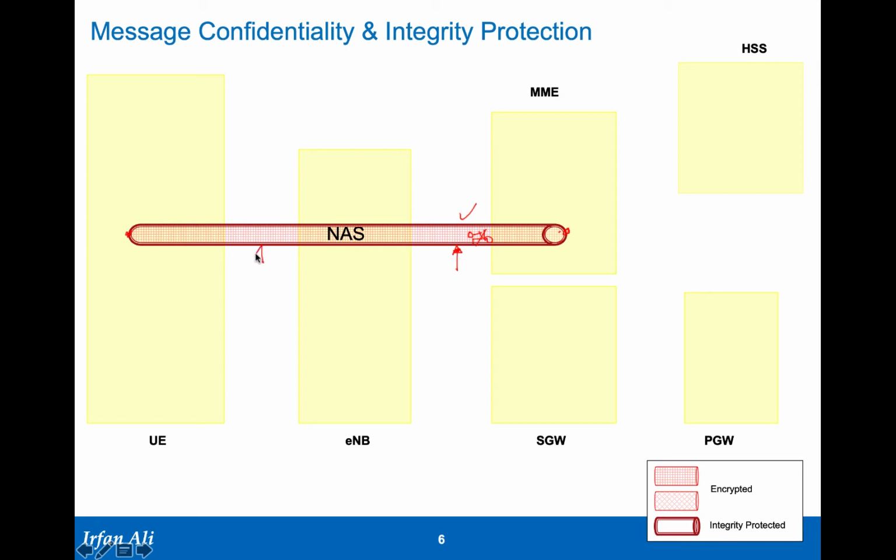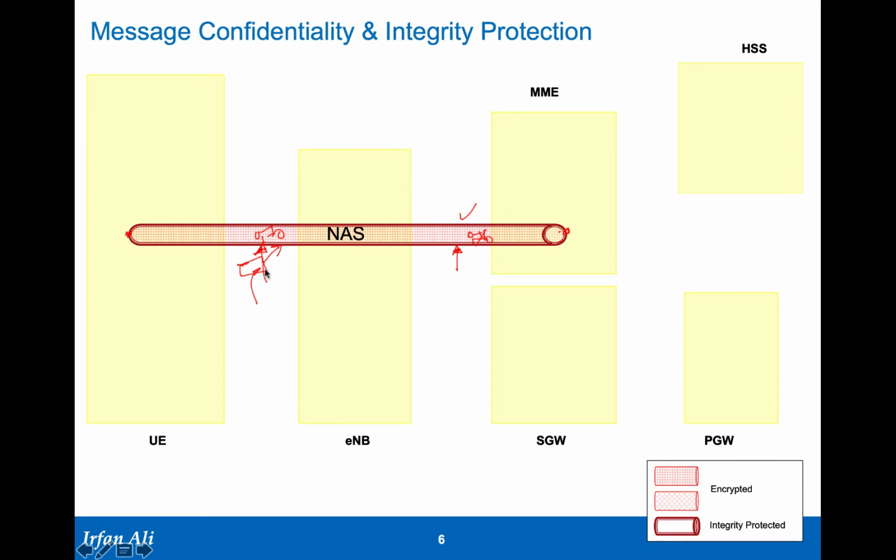So someone in the middle, an adversary, just cannot change a bit from 0 to a 1 or a 1 to a 0 and still allow this to be a valid message. The integrity protection also makes sure that the adversary cannot just put another message in the middle, basically a taped message from before, and insert it so that the MME thinks this is a valid message coming from the mobile.